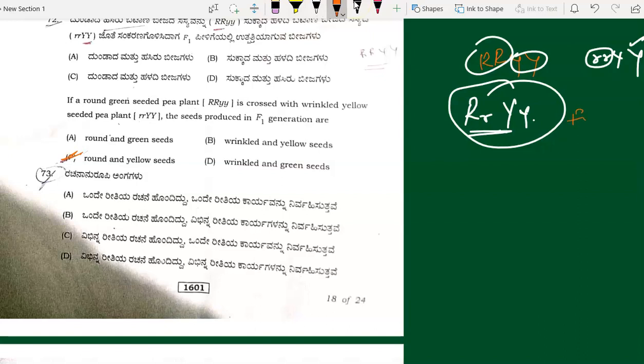This is the F1 generation. Here we'll get this R and this R, and small y and capital Y. When you cross this in the F1 generation, we get RR capital Y and small y and capital Y. That is round and yellow in nature.